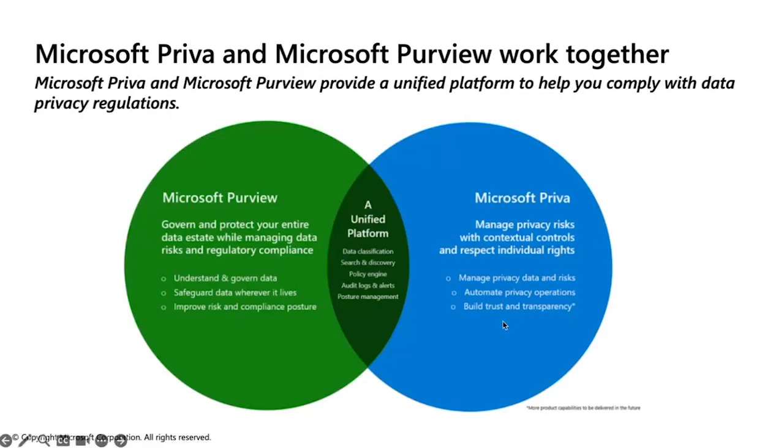This will provide you visibility on how your personal data is handled and whether it is exposed. So these two things work together. This gives you a unified solution for a more secure and more compliant environment.